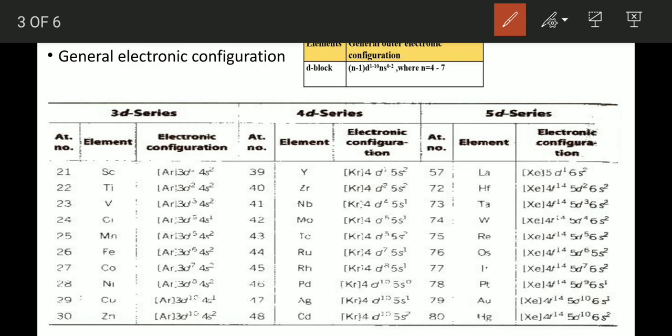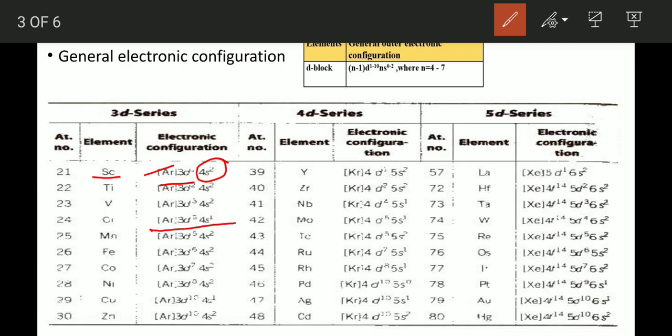When you observe this electronic configuration, for scandium the first electron enters 4s, then enters 3d. 4s is the outermost shell, and 3d is the penultimate shell. So the differential electron, the last electron, enters 3d, which is the penultimate shell. Similarly for titanium, 2 electrons enter, then vanadium, 3 electrons, then chromium.